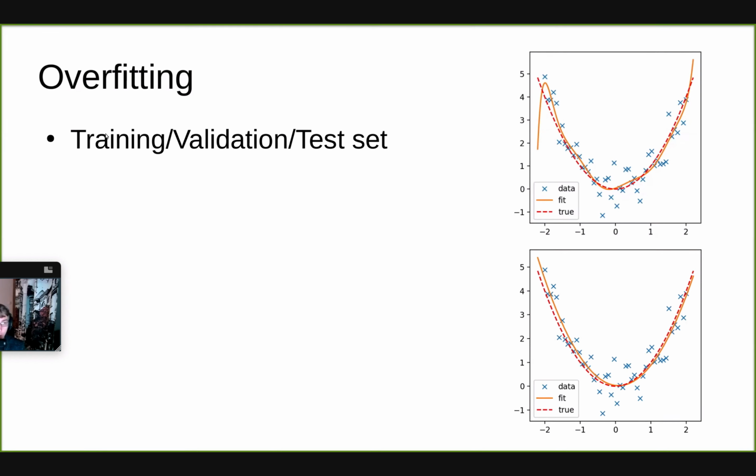The training set, which you use to fit the model parameters, and then the validation set, which is used for testing all the different versions of your model, and then finally the test set, which is the final test on how well your model performs, and you don't fit any parameters to that set.